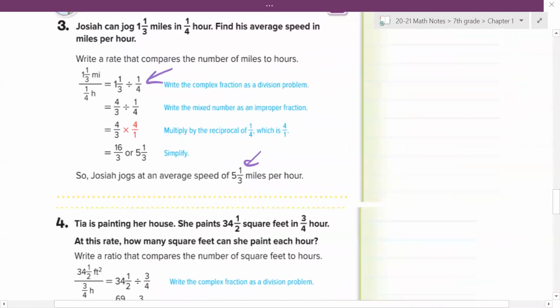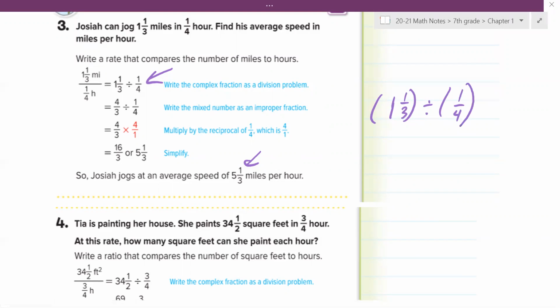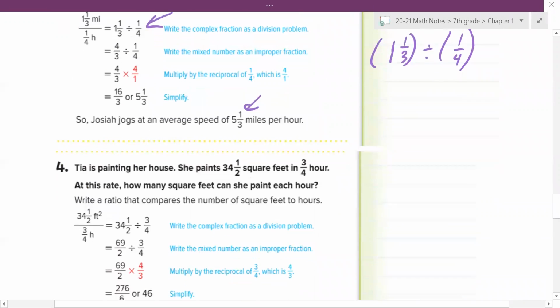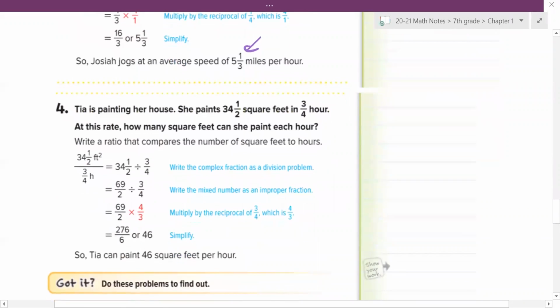So just to be clear, what I did is I typed in parenthesis 1 1/3, close parenthesis, divided by open parenthesis 1/4, close parenthesis. Some of your calculators might not need the parentheses in those situations if you use the fraction button, but everybody's calculator works a little bit different. Everybody's phone calculator works a little bit different.